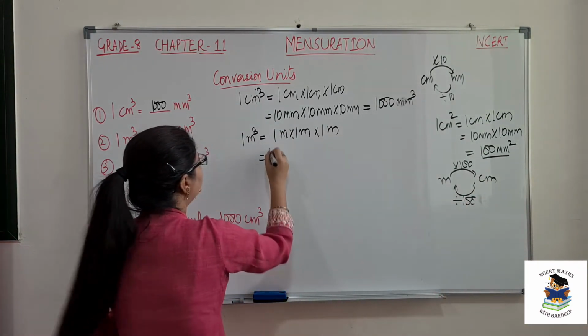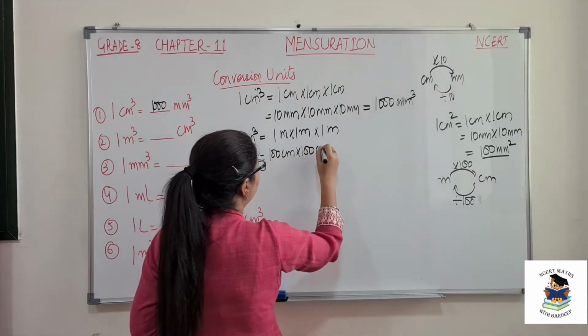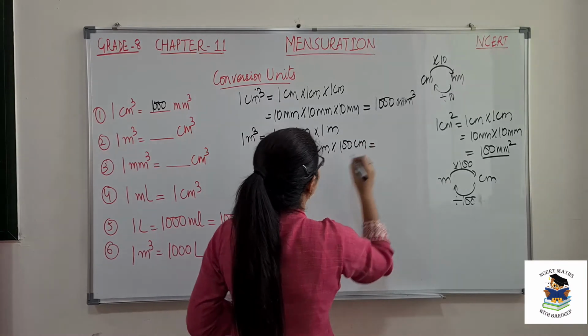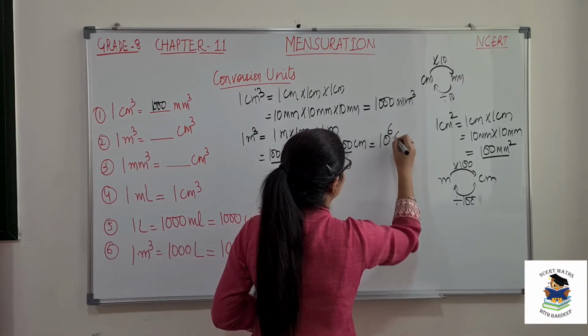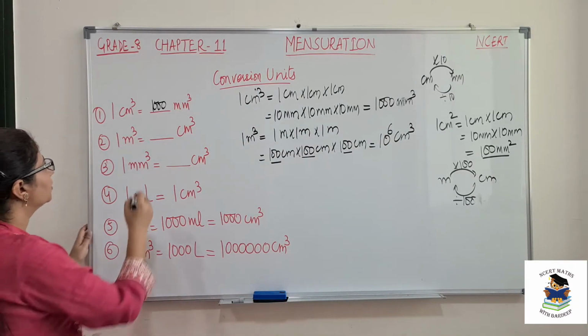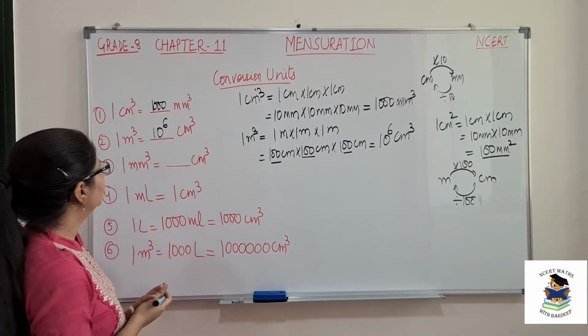So here it is 100 centimeter into 100 centimeter into 100 centimeter. So 2, 4 and 6 zeros, that is 10 raised to power 6 centimeter cube.